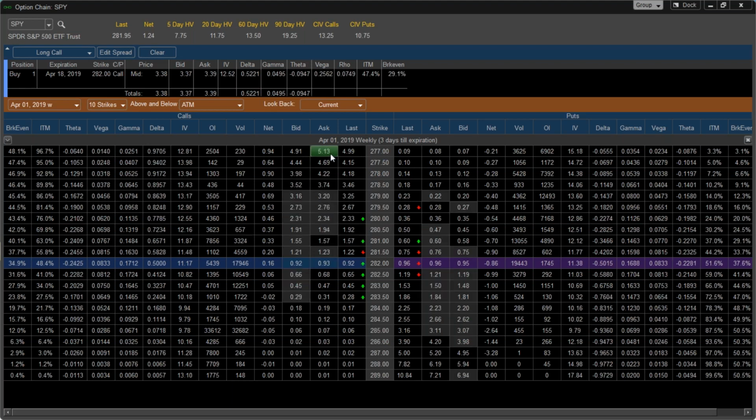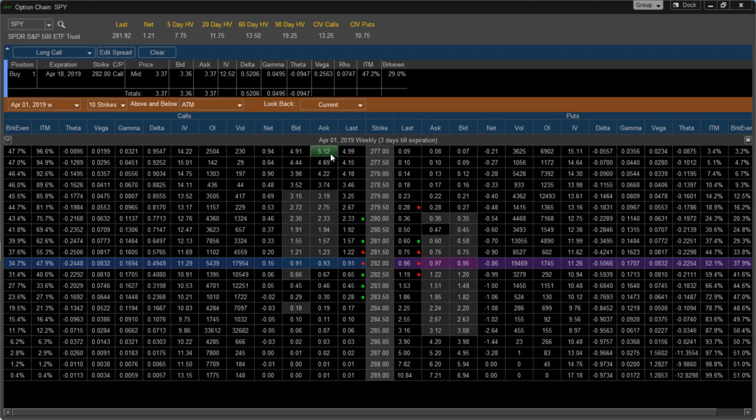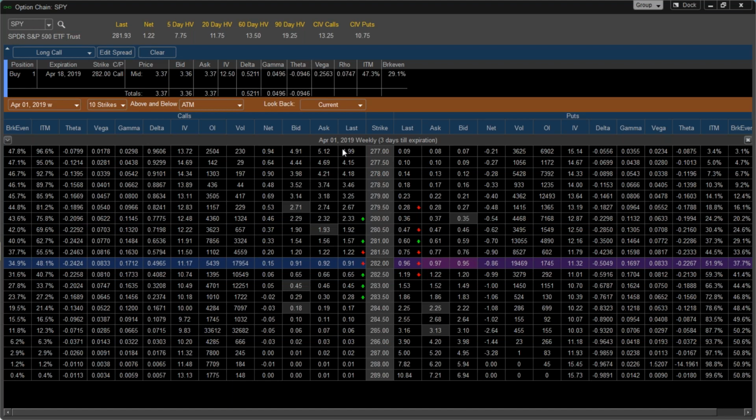Now, why on earth would I do that? Well, the reason why is because it's going to protect my position all the way to that 277 level. And if I'm right, that call option will dramatically lose its value. And so I can collect $5, which is exactly how much I'll lose going into the trade. And so essentially, if the market goes up, we break even. We get assigned, but we get to keep the entire credit.